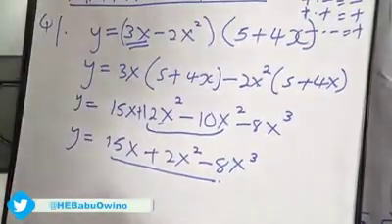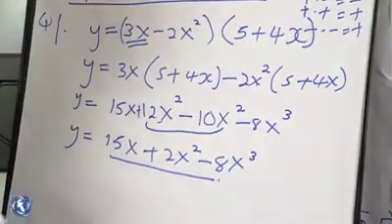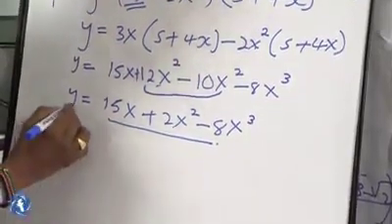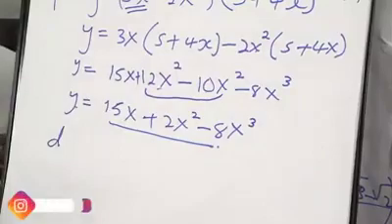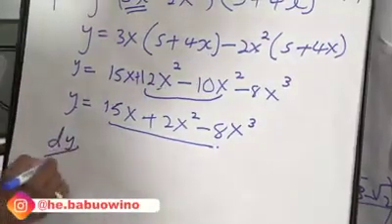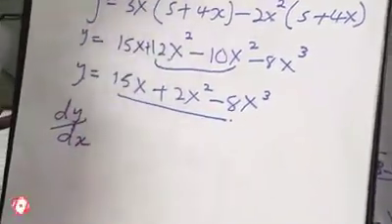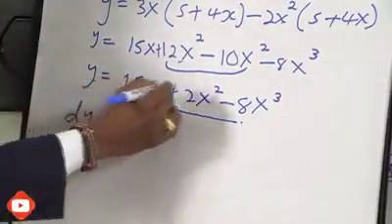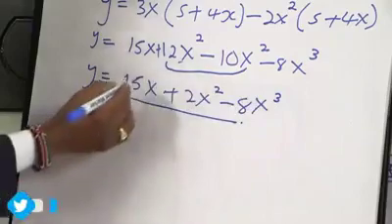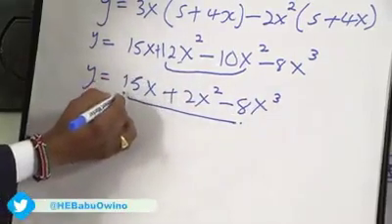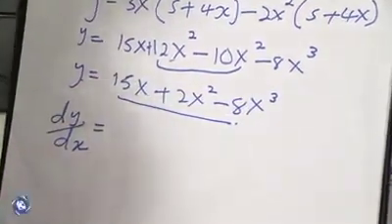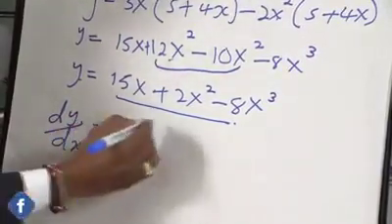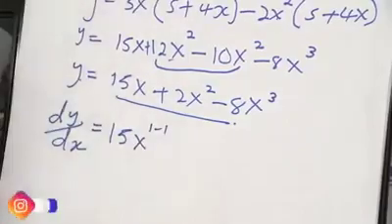Then we are advised to find the derivative. That is differentiation. Differentiation is the gradient function. Now we are going to get the value of y with respect to x. That is dy dx. This is now what we call differentiation. When we want to differentiate, we'll differentiate every part that we have here. We'll first start by differentiating 15x. In differentiating 15x, x is raised to power 1, you subtract 1.